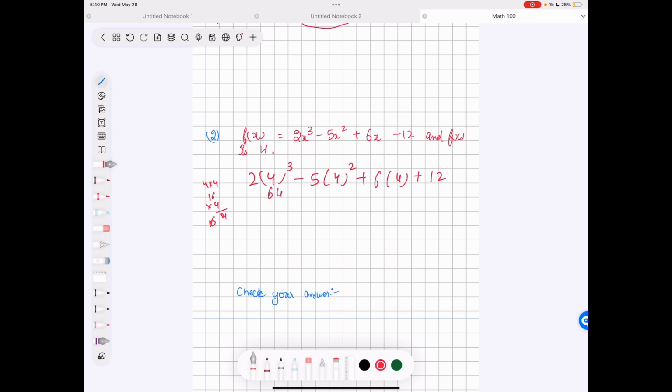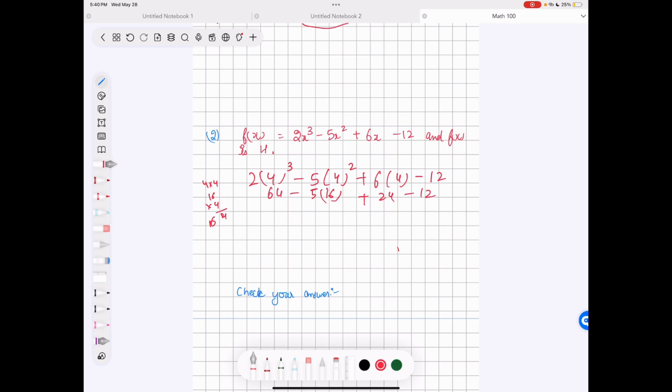So it's going to be 64 minus 4 into 4 is 16, 5 into 16, and then it's going to be 24 minus 12. I am again messing up with the signs here. This is going to be minus 4. Since it was minus 12 in the equation, it's going to be minus 12.